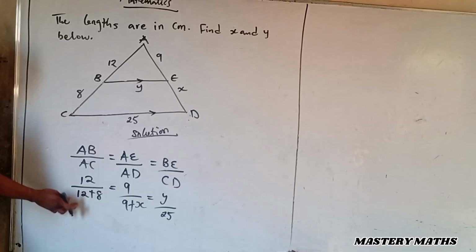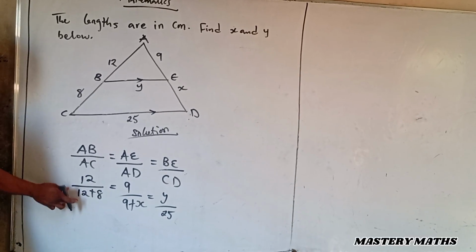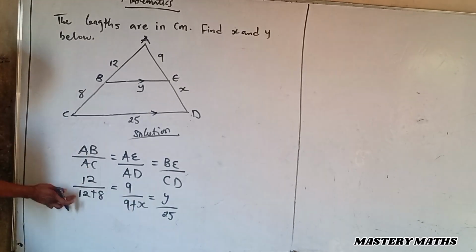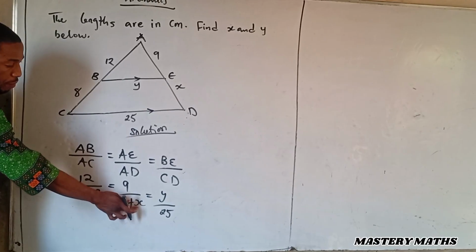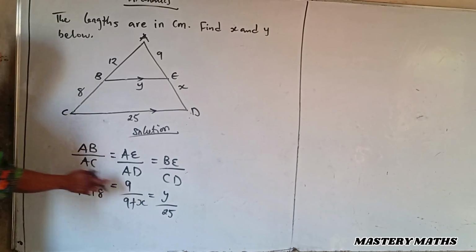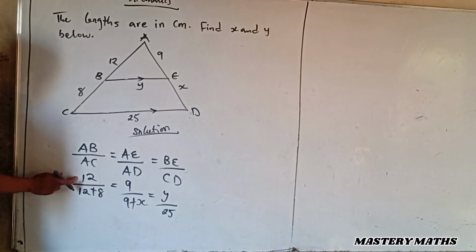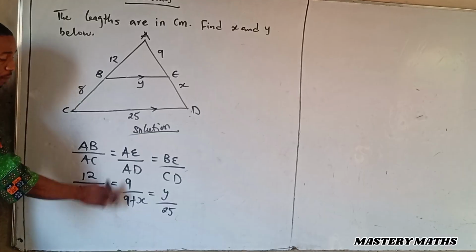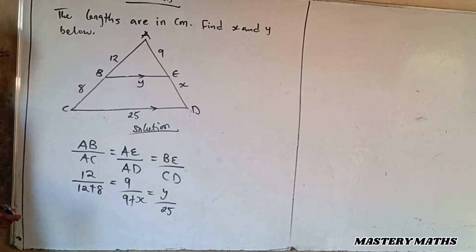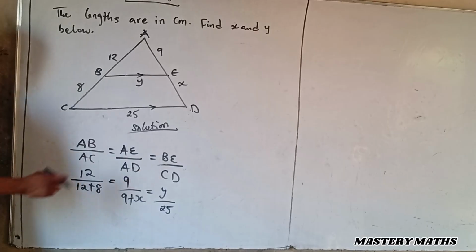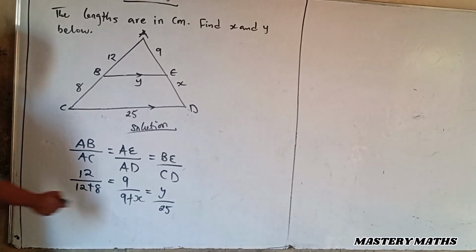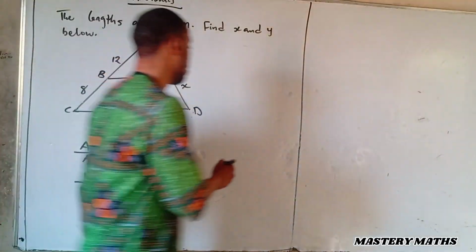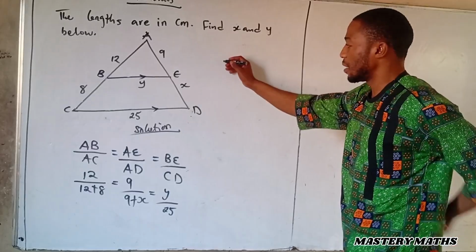First of all, we'll take the complete one to solve for the incomplete one, the unknown. After solving for this to get the unknown, we can take the other one and solve for the other unknown. Now first, let's take these two so we can solve for the unknown, which is the x. Now we add, coming to this side.